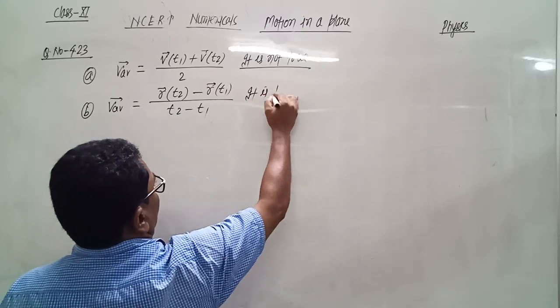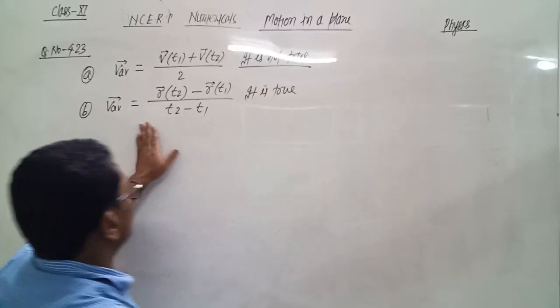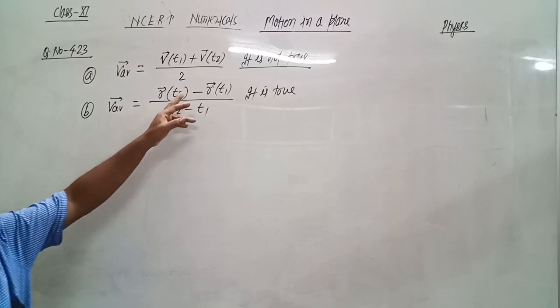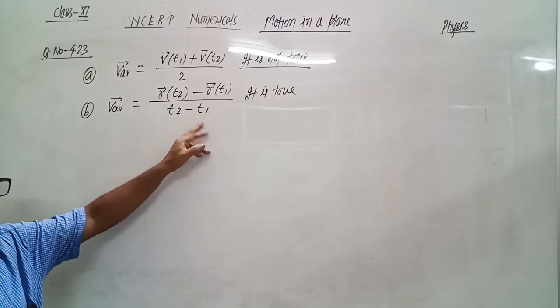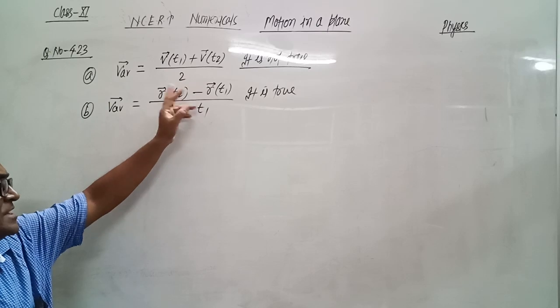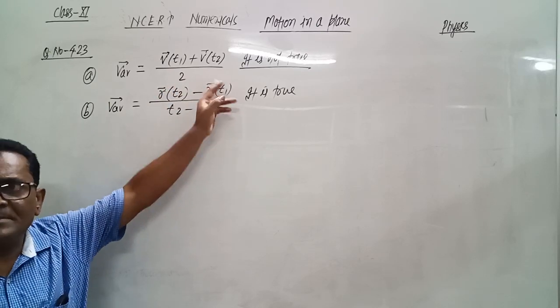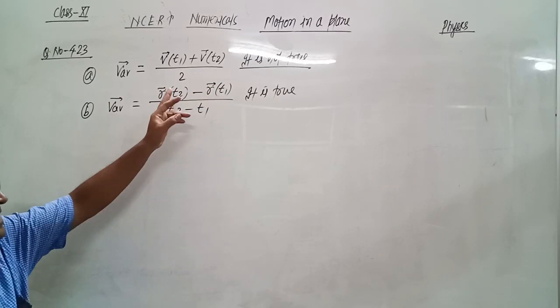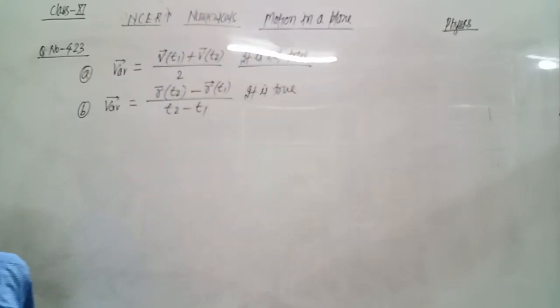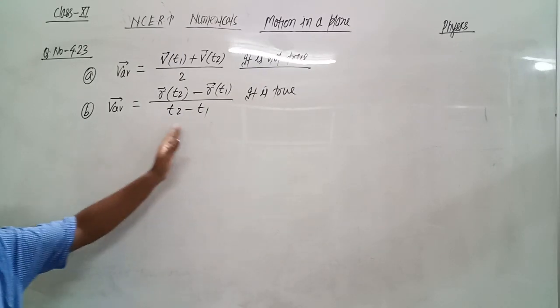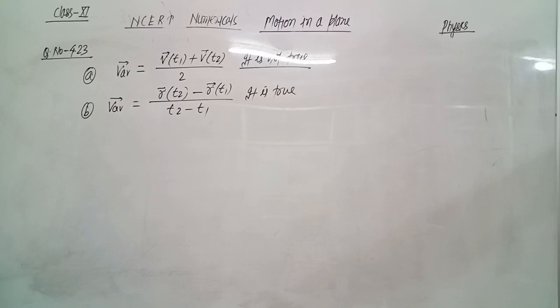It is true because we know the formula for average velocity: total displacement upon total time. So this is the total displacement, position at time t2 minus position at time t1 gives total displacement, and t2 minus t1 is total time. So this statement is true.